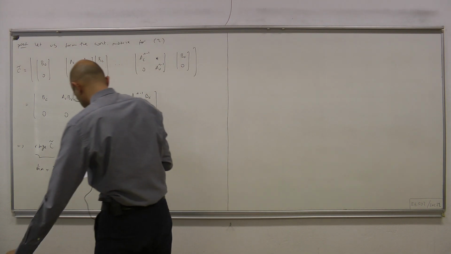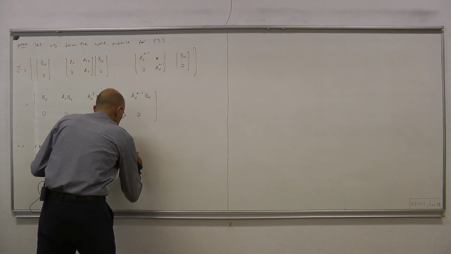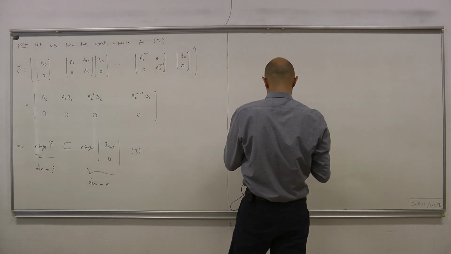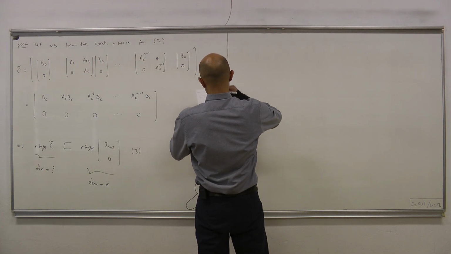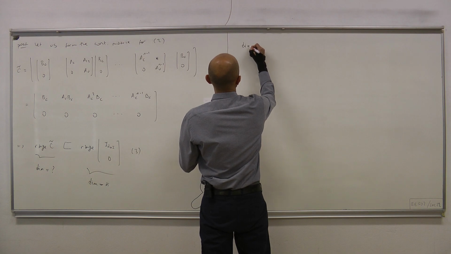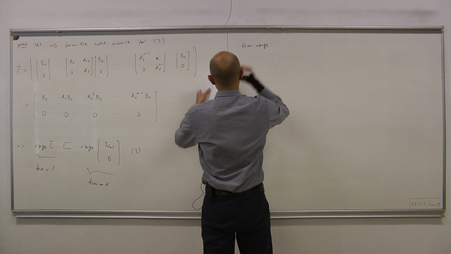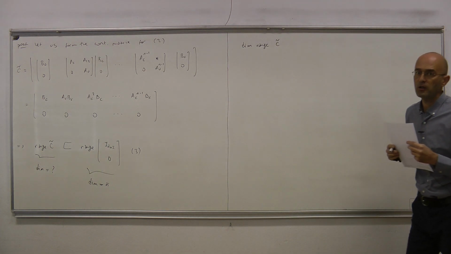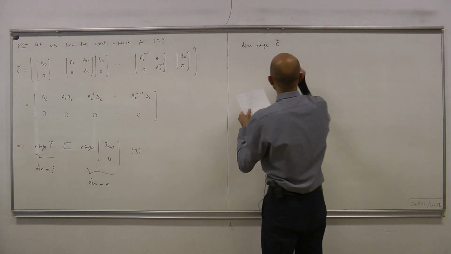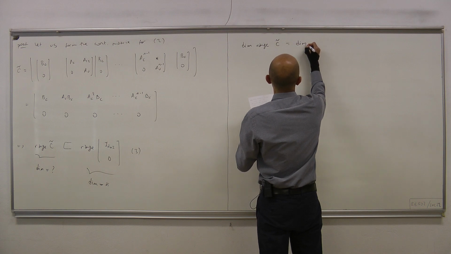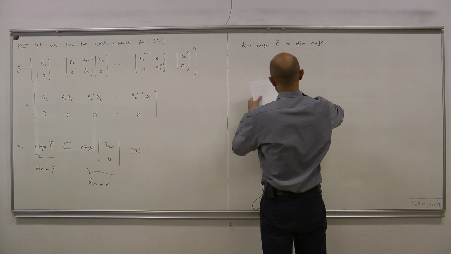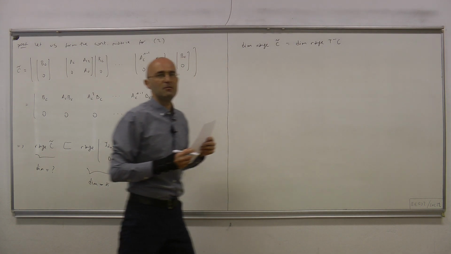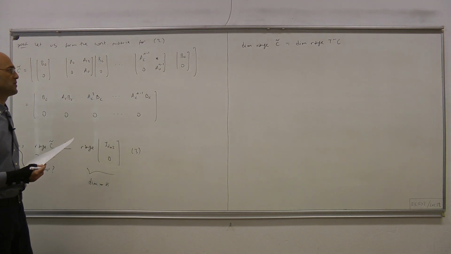So let's call this relation 3. Furthermore, we have the dimension of the range space of the controllability matrix C tilde equals the dimension of the range space of T inverse times the controllability matrix of the original system.